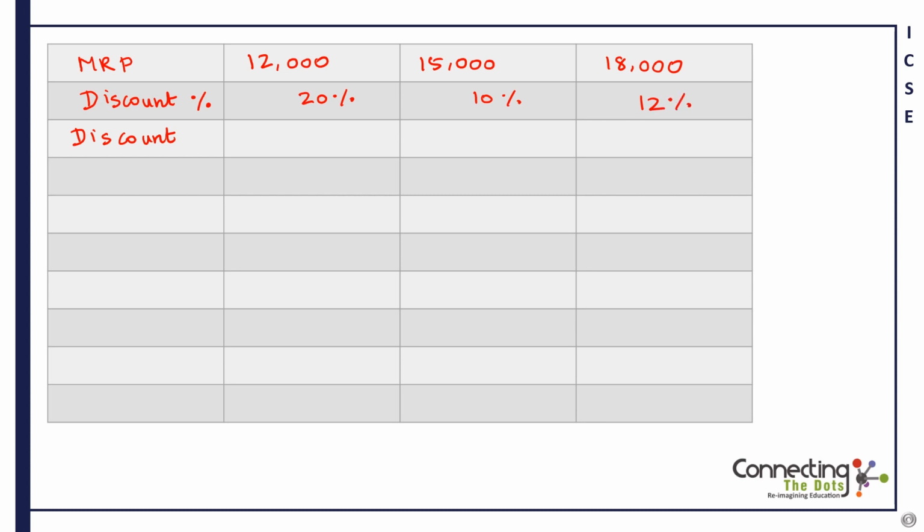So the discount amount can be calculated as follows. In the first case, the discount amount is 20% of 12,000, and therefore the discount amount for the first machine becomes 2400. For the second machine, the discount is 10% of 15,000, so the discount amount is 1500.